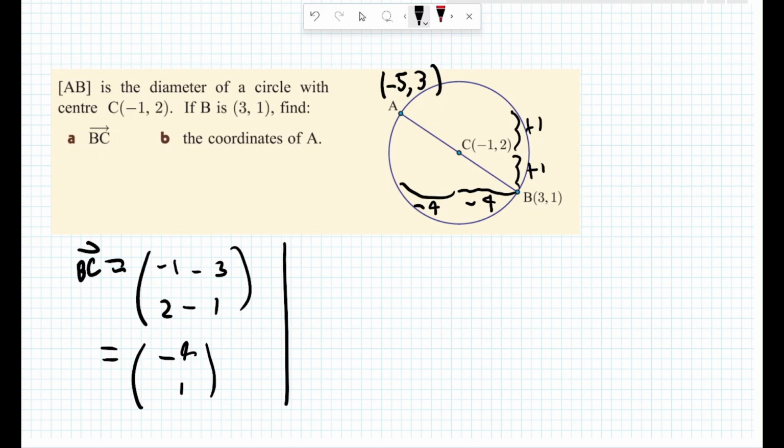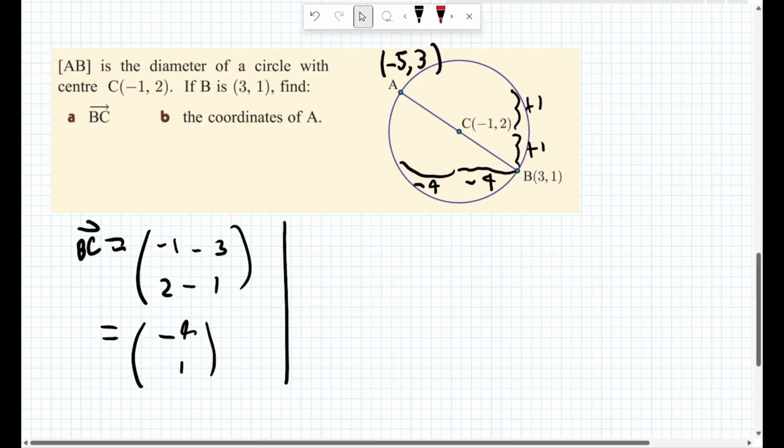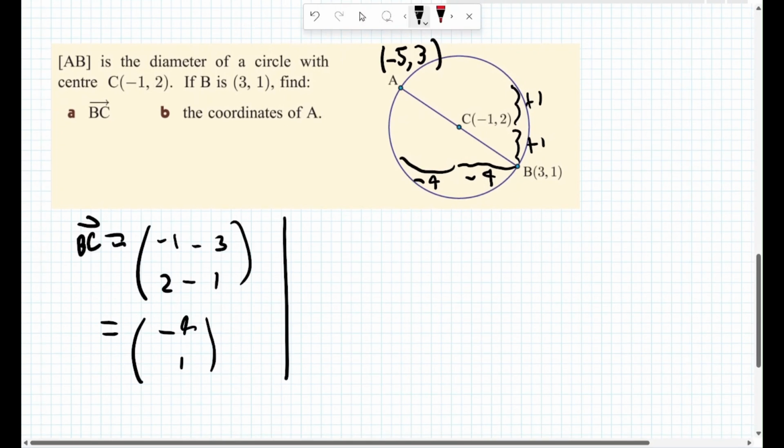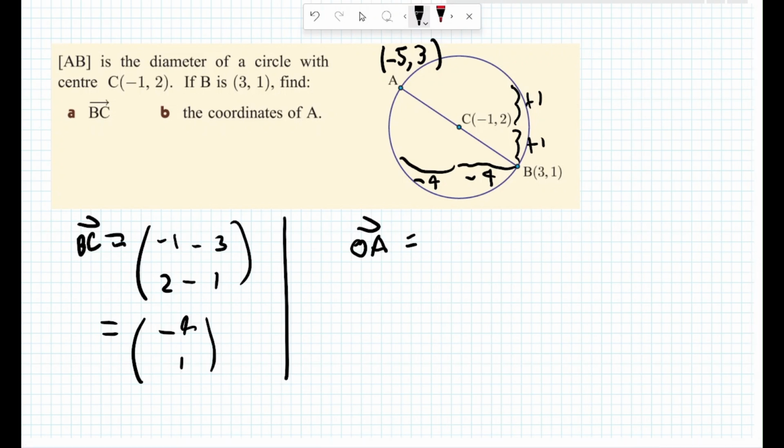If you want, you can do some fancy vector stuff. So you could go O to A, which would essentially be the point we're looking for, because that would give us the (-5, 3). That can be O to C, so you would get to C, and then you would do another, like you would be trying to do C to A basically. But we don't know what C to A is, but we do know it's the same.